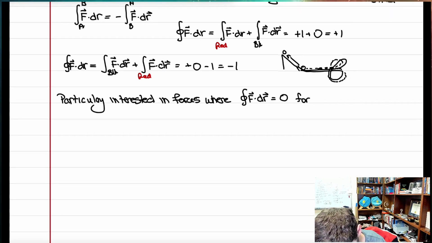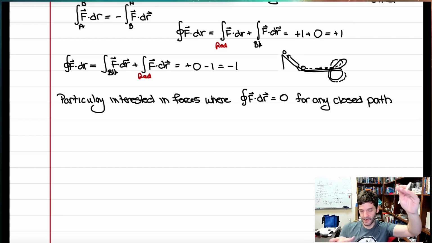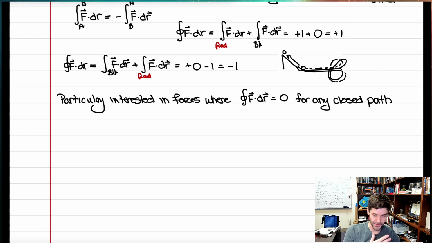We haven't really proven this yet, but for any closed path, again, if it starts up here and ends down here, no matter how it gets from here to here, straight line, zigzag, ups, and then comes back down, gravity ends up doing the same amount of work and then ends up reversing itself to go back. This integral would hold no matter what path of the infinite possibilities you could dream up would occur.